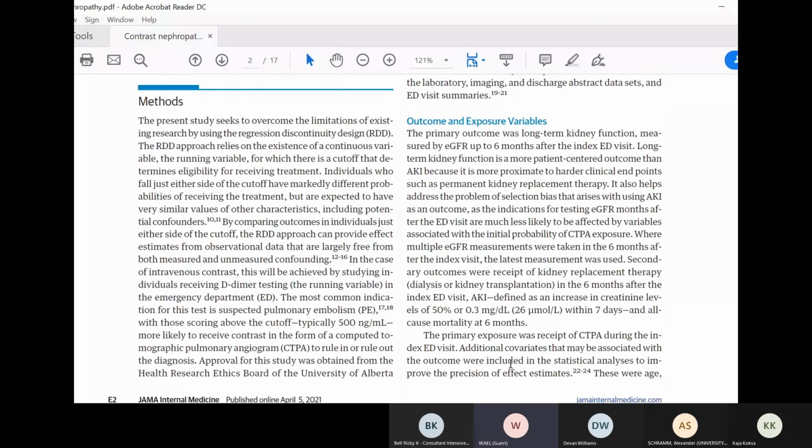The primary exposure was the receipt of the CTPA during the index emergency visit. Additional covariates that may be associated with the outcome were included in the statistical analysis: age, baseline eGFR, sex, diabetes, hypertension, cancer, coronary artery disease, emergency triage score, and Charlson comorbidity index.